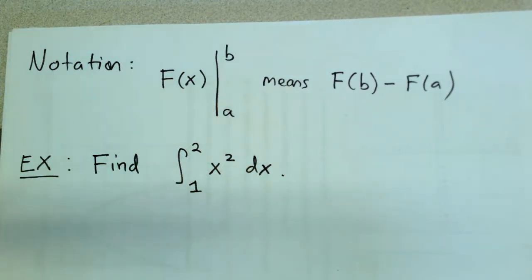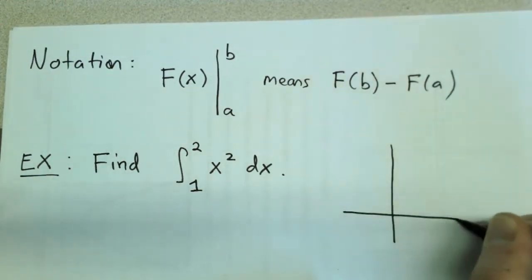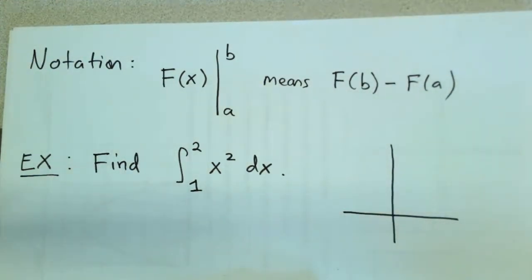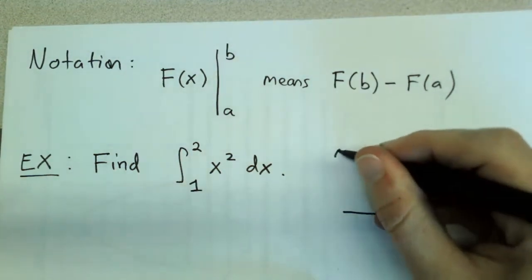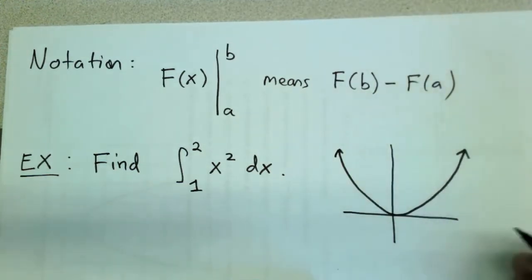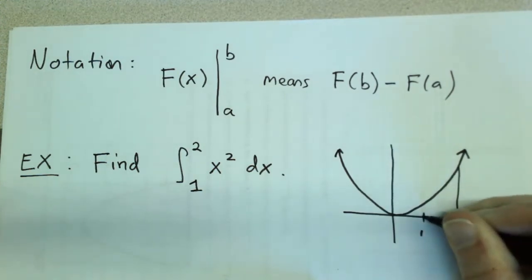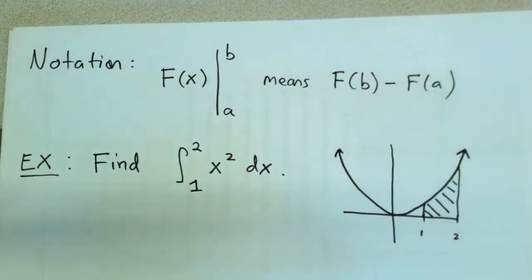Very quickly, before I do it, let me just remind you what that means. Not that you have to draw any pictures to answer the question, but this is the area under the graph of x squared from 1 to 2. So it's the area of this region right here.